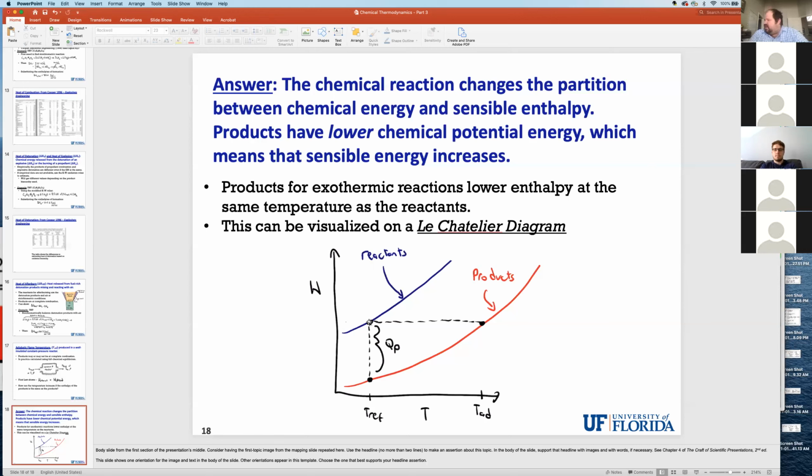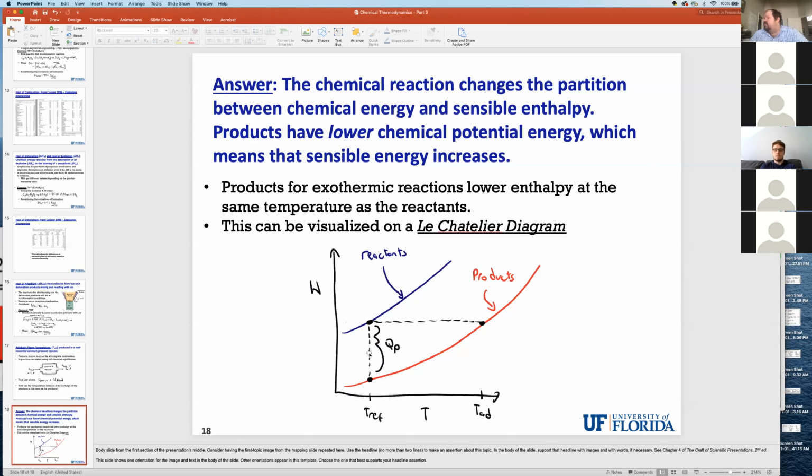If the enthalpy of formation of the products is lower than that of the reactants, we basically take this curve here and shift it down. But for the flame temperature, it's a constant enthalpy process, so we slide to the right at constant enthalpy, and the temperature where we land on the products is the adiabatic flame temperature.